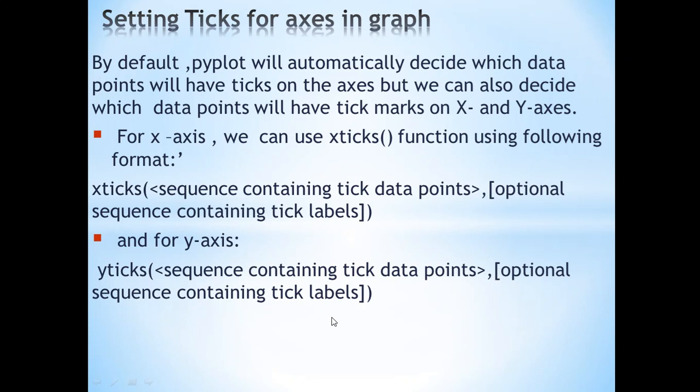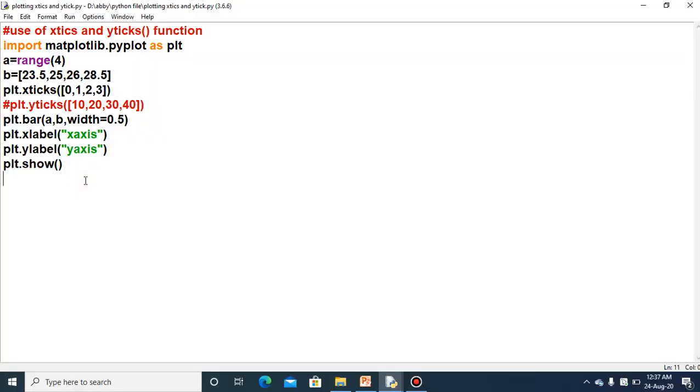Okay, so let us see how it will be done programmatically. You can see here we have used the xticks and yticks functions in this script. The a value will have the range 0, 1, 2, 3. The b value will have 23.5, 25, 26, 28.5. These are simply the values for the x-axis and the y-axis.